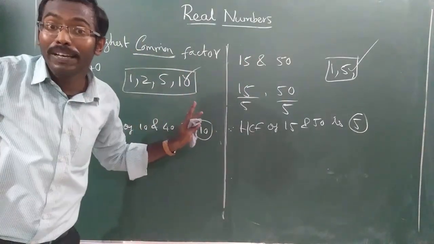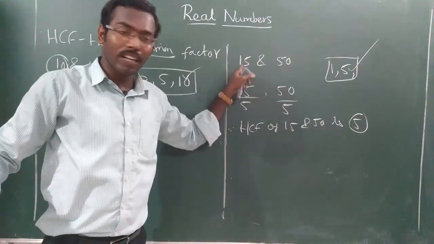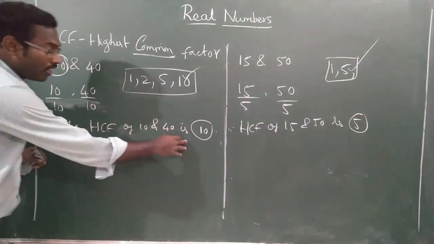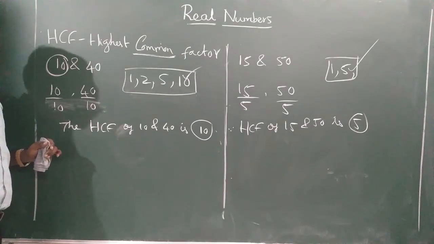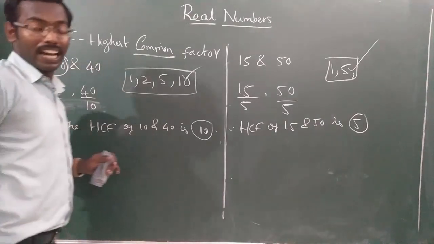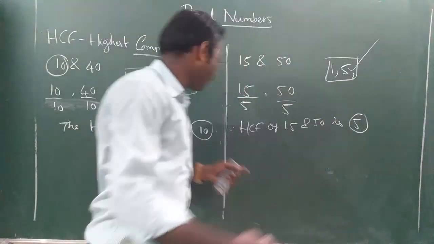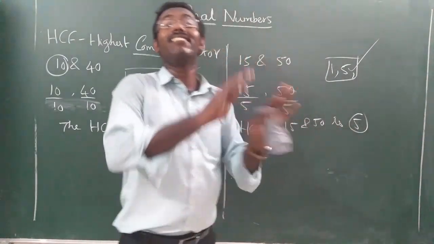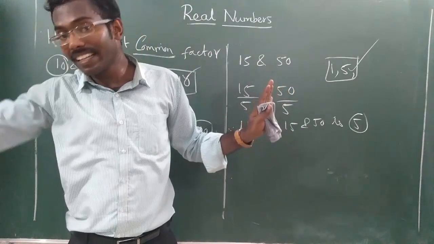It will never be greater than the smallest of the two numbers. For example, if 10 is the smallest number, the HCF value can never be greater than 10. 11, 12, not at all possible. It may be equal to the smallest number like here, or it may be less than the smallest number.